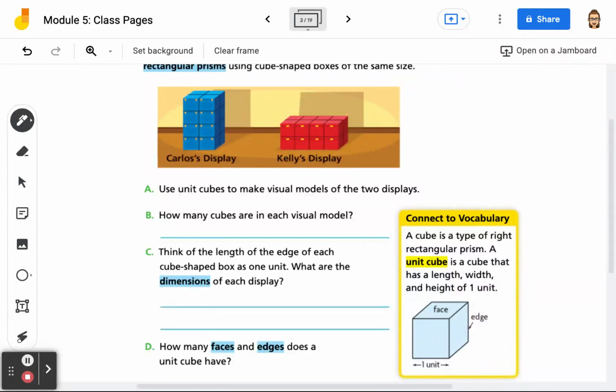So if we look, we have 2 by 2 by 4. So 2 times 2 is 4 times 4 is 16 cubes. Here we have 4 times 2 times 2, so it's going to be 16 there as well. So we have 16 cubes.